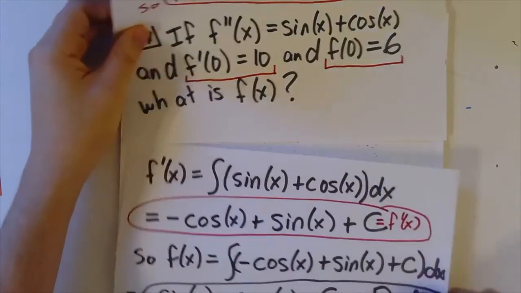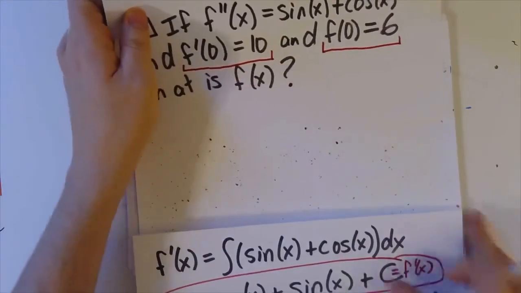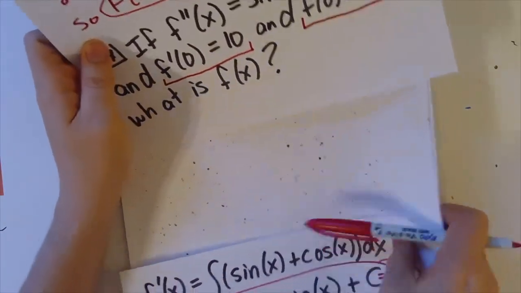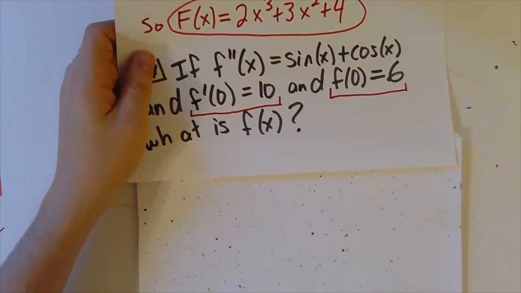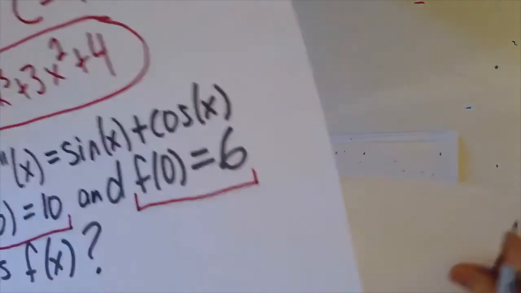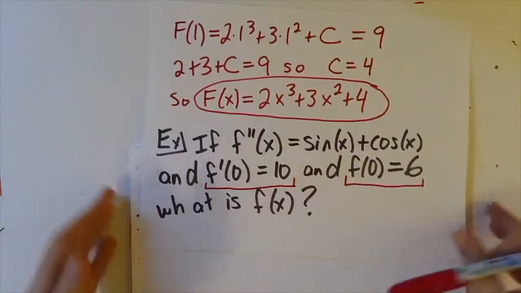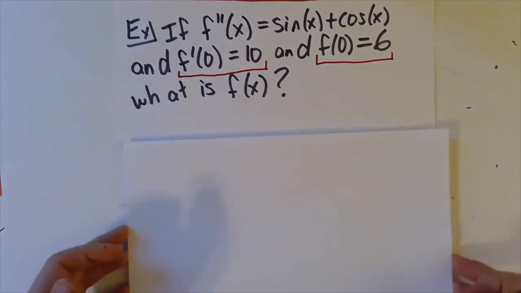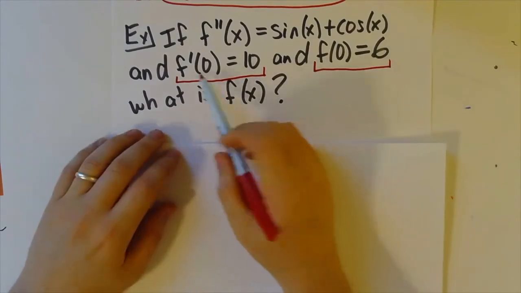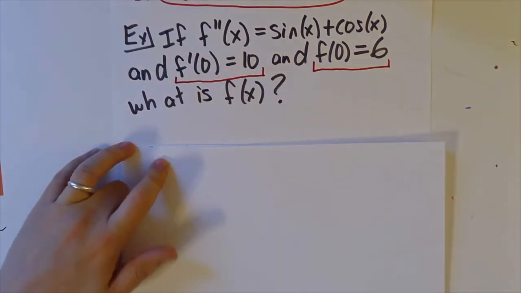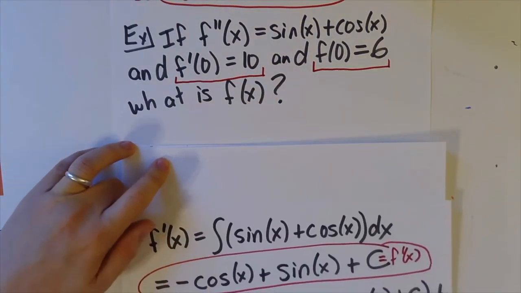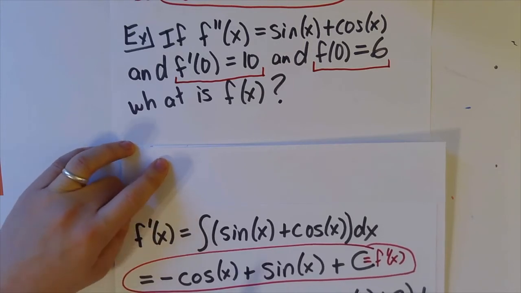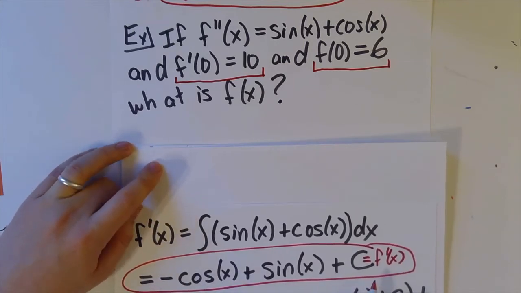And so now I have to remember, apologies, this is getting a little messy with all these sheets of paper running around. So now I have to hold in my head two things at once. I have to remember that f prime of 0 is 10, but also that f prime is this thing.